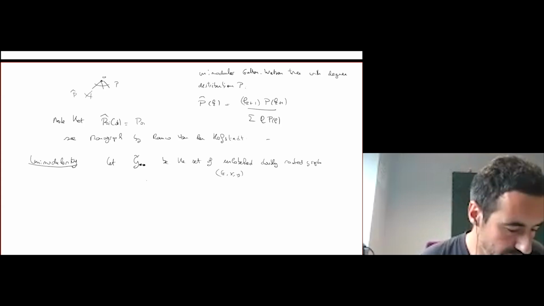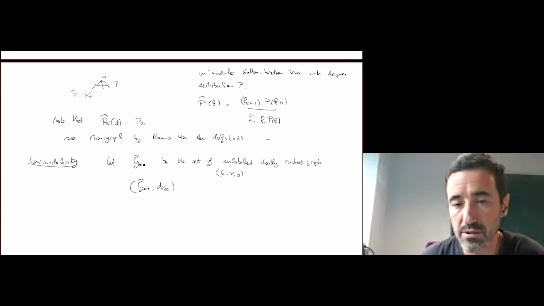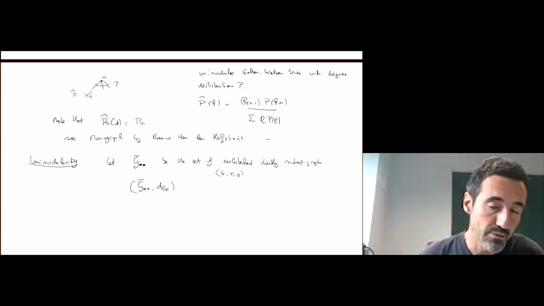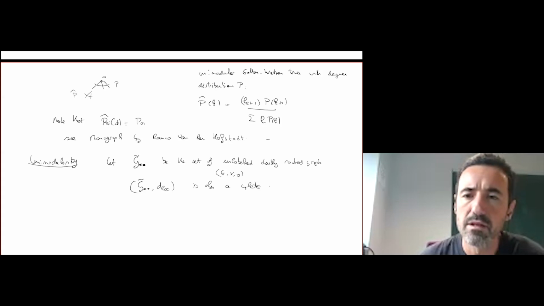So you can also define the local topology. The local topology is defined the same way, except that now you look at the t-neighborhoods of each of the roots. Now you have two distinguished roots. Okay, it's also a complete separable metric space.